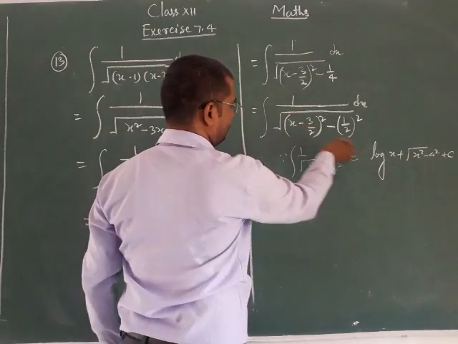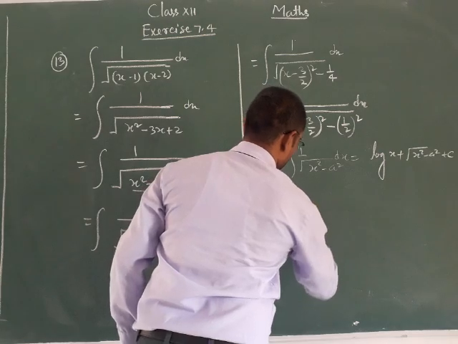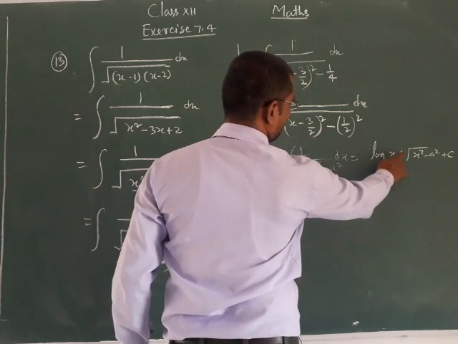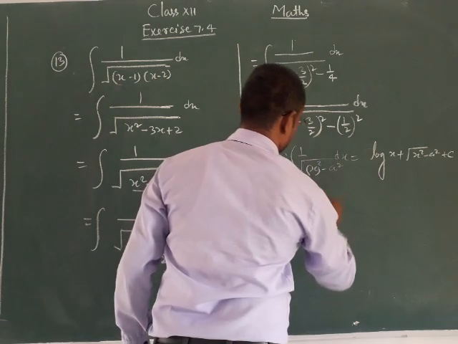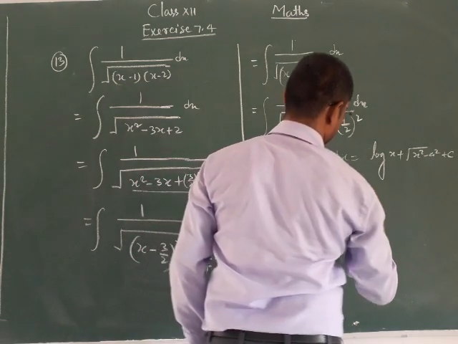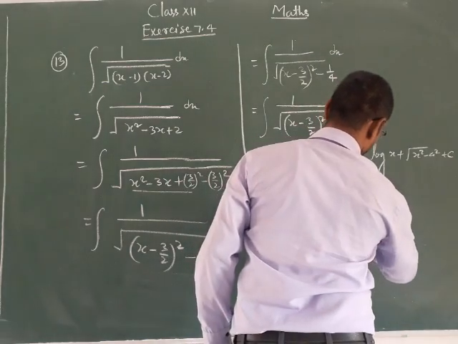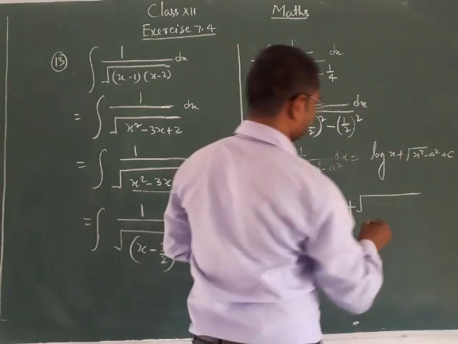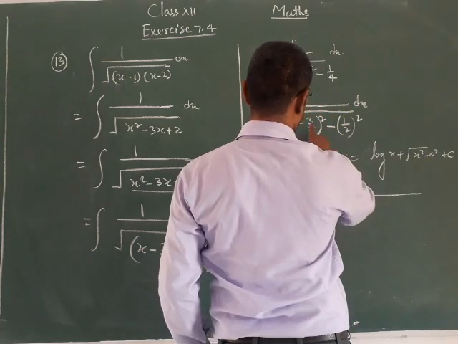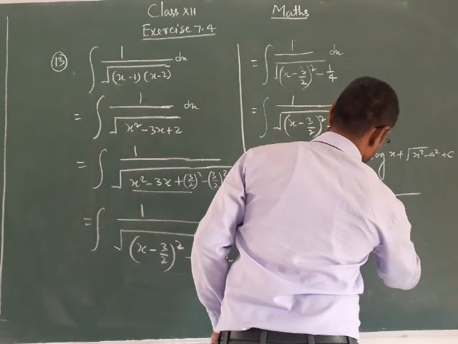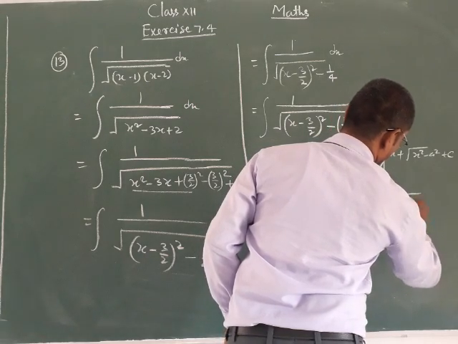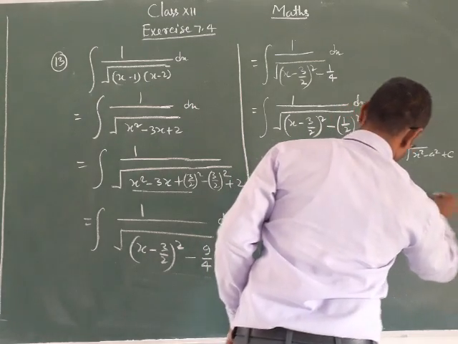So we can write log x, so x minus 3 by 2 and plus root x square minus a square. So x minus 3 by 2 whole square and minus 1 by 2 whole square, and also plus c.